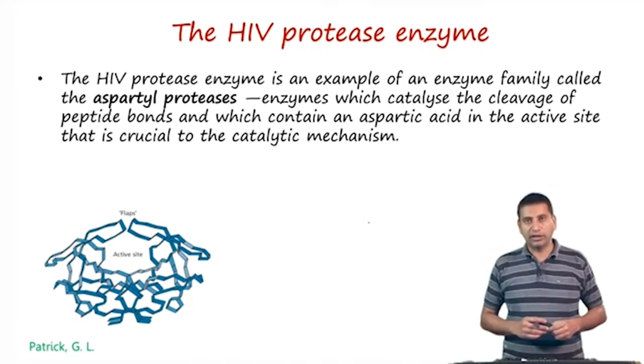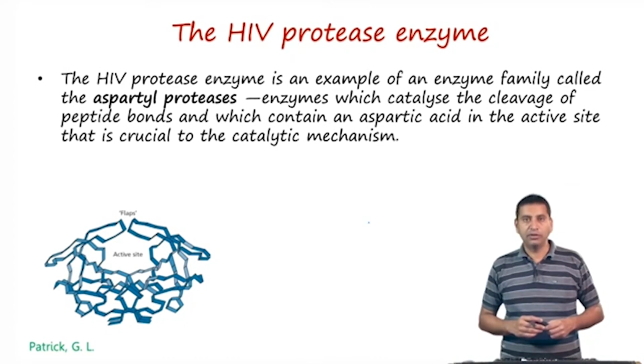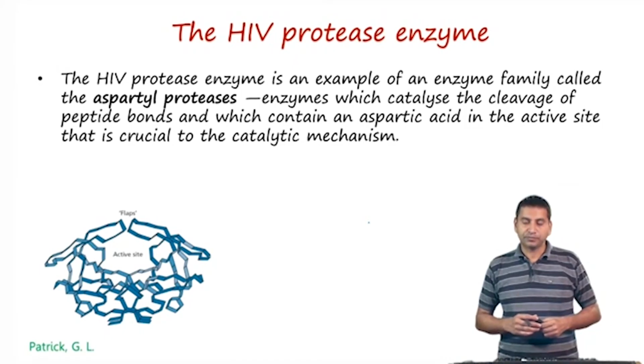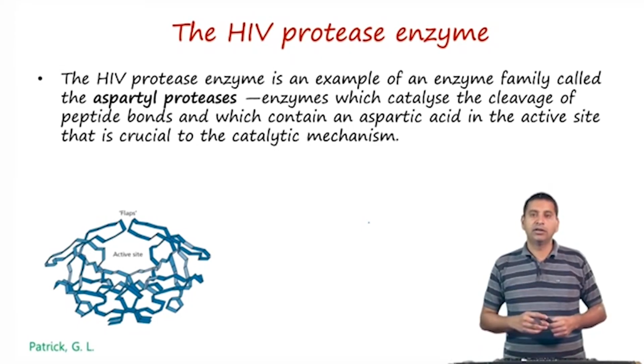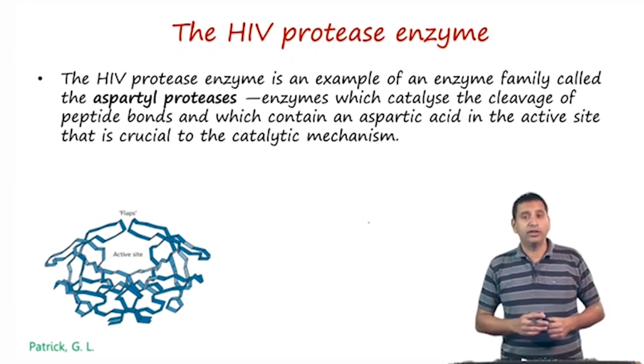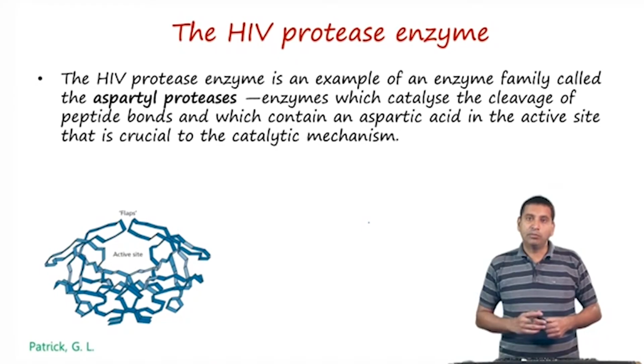So, look at the HIV protease enzyme. This is an enzyme which belongs to the family of aspartyl proteases, and we have already looked at this previously several lectures back or several weeks back actually about how aspartyl proteases work.